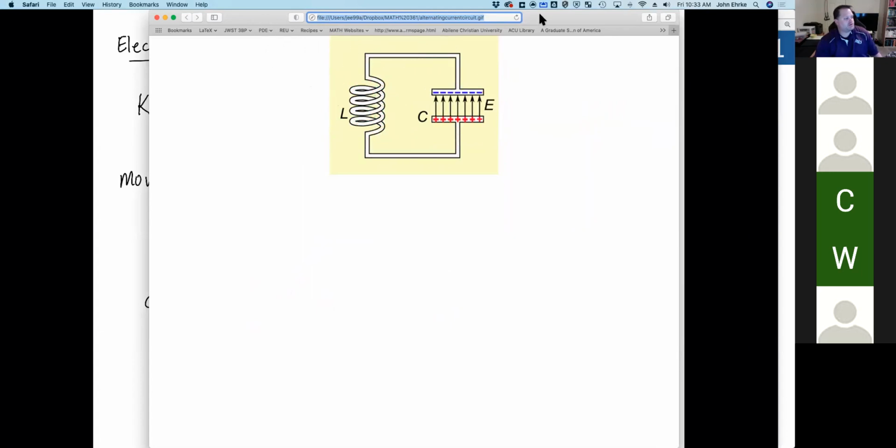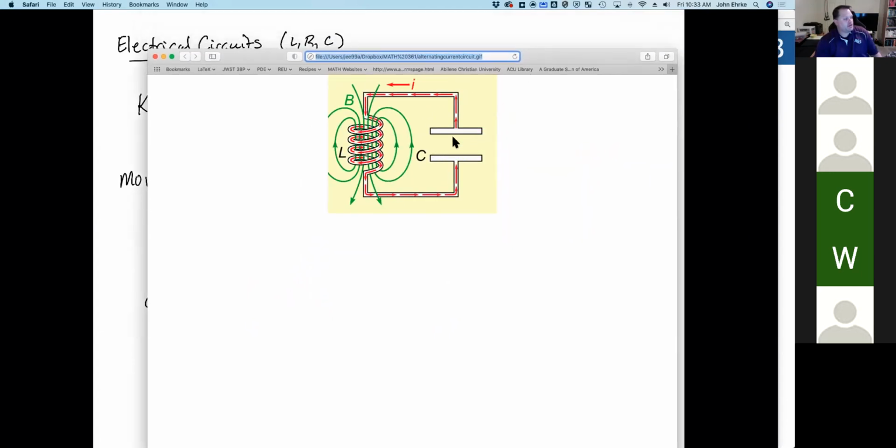And what I want you to see in this image is if you have a charge that builds up between a capacitor and that charge starts to move, then as current gets forced through the coil, it creates a magnetic field.